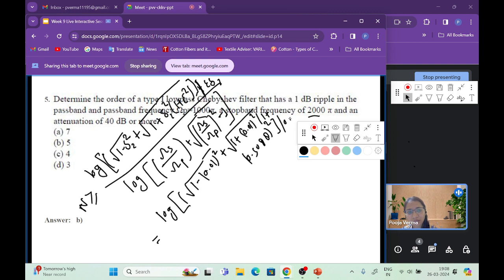So epsilon is 0.5088 and delta 2 is 0.01. I am writing here. Are you able to see that? Or I can write here.